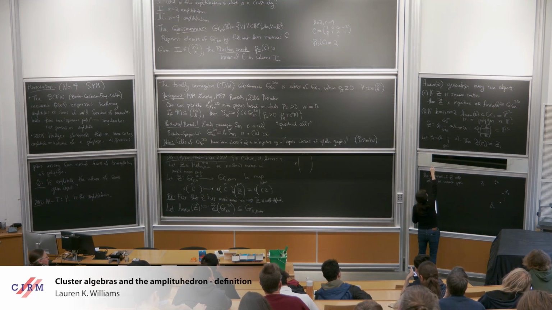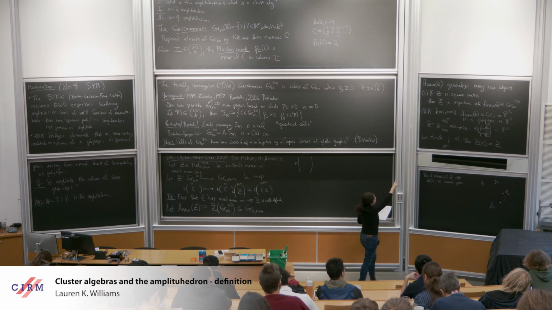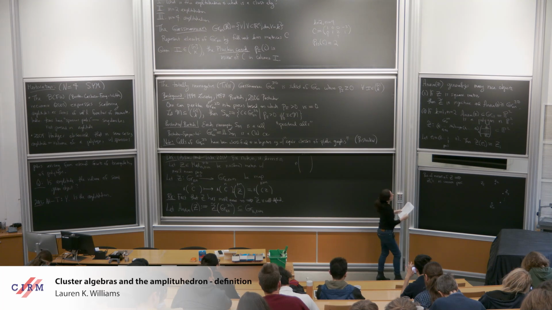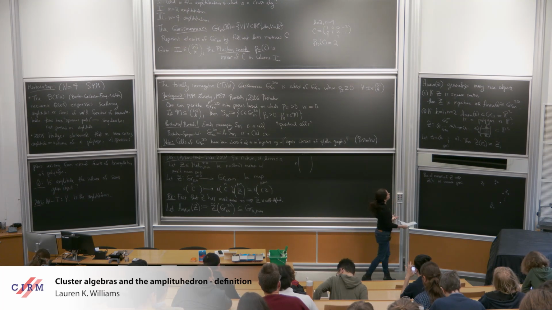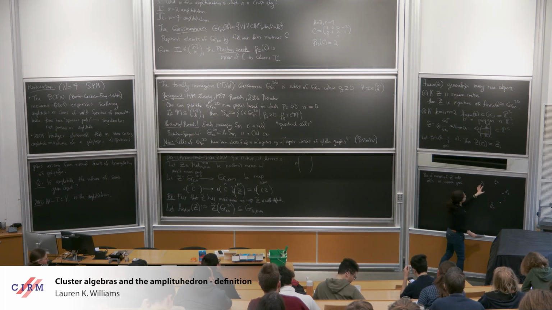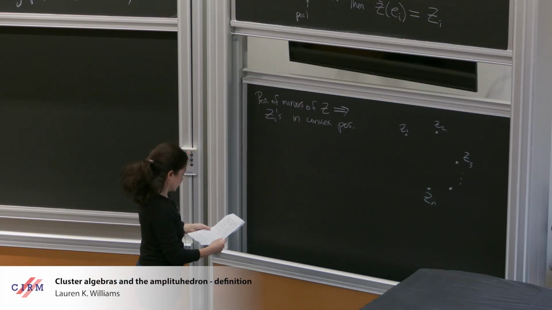But now what I'm really interested in is the image of my vector a1 through an under this map. And a1 through an is just a positive combination of the e_i's. And so a general point a1 through an is going to get mapped to a positive combination of these Z_i's.